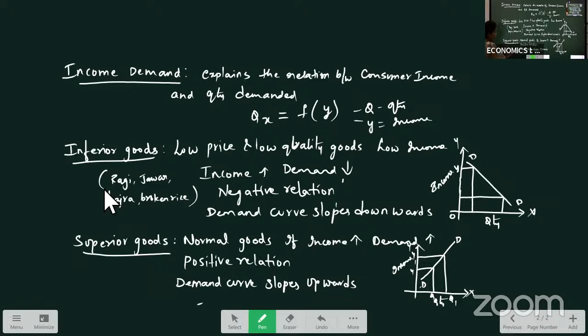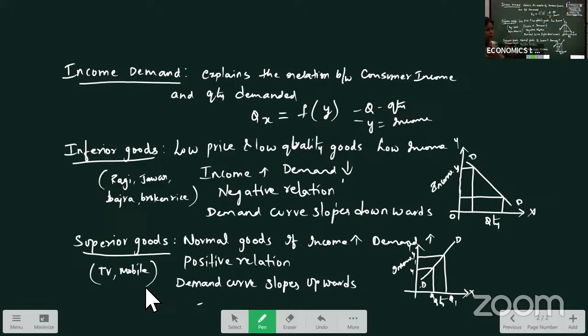What are superior goods? We can say televisions, or mobile phones, or something like that. These will come under our superior or normal goods. When our income increases, we demand more of the commodities. When income decreases, we demand less quantity. So this is all about income demand.